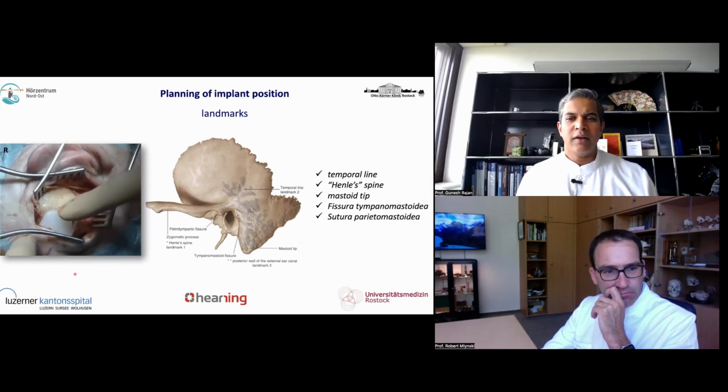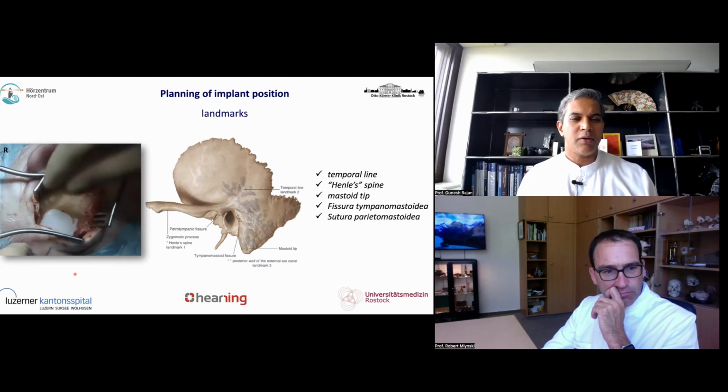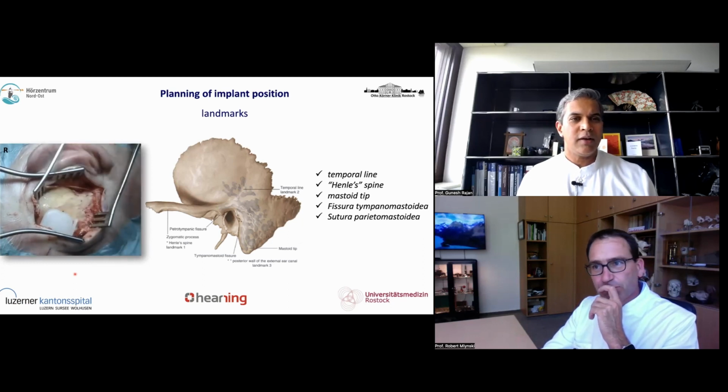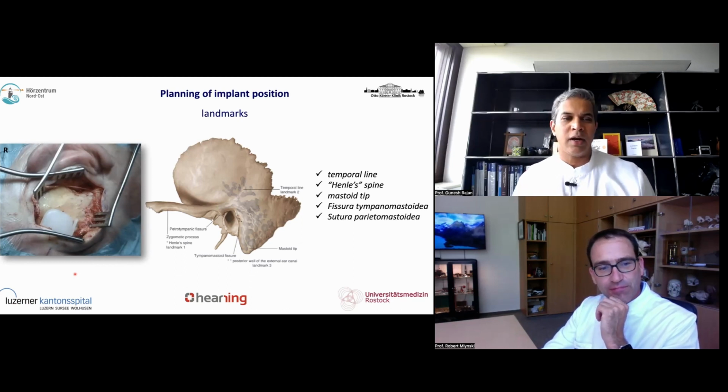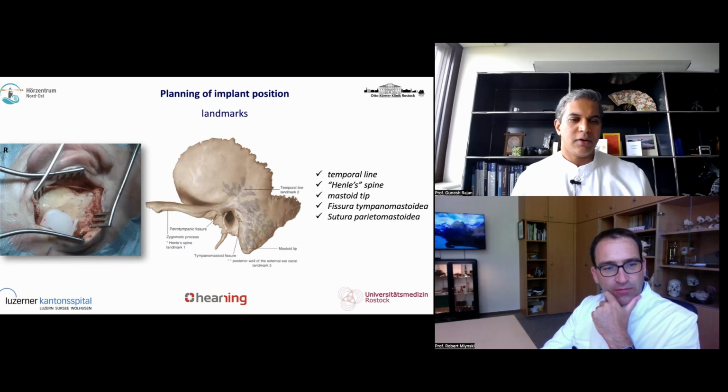I find the parieto-mastoid suture quite useful, as you said, because that tells me where the aeration stops, right? So if you place the receiver behind that, you're safe and you're not in the aerated area. So I think that's also a good anatomical landmark.